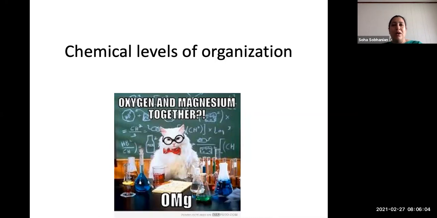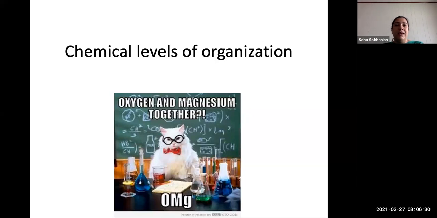Now, what we're going to move on to is looking at the organizational levels that we also discussed during the first week, starting with the chemical level, which is the most basic level, then going to the second level, which is the cell. From cell, we went to tissue, from tissue to organs, and organ to organ system.